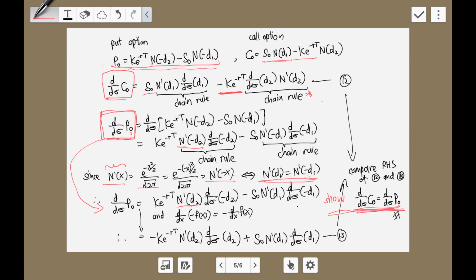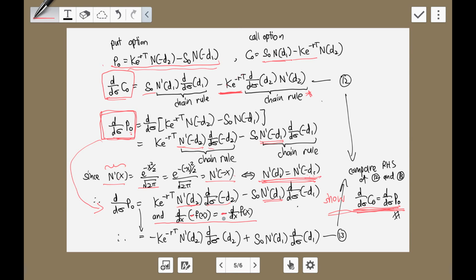So then here we have K e^(-rT), and differentiate this thing, we are just skipping everything else. So this minus d1 I change to d1, also because of this formula here. The rest I'll keep the same. Then for differentiation, when there's a negative sign in front of the function we are differentiating, we can bring the negative sign out of it.